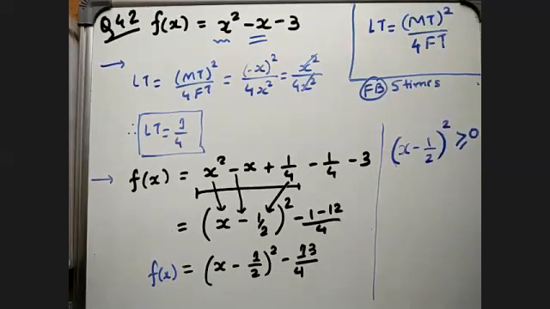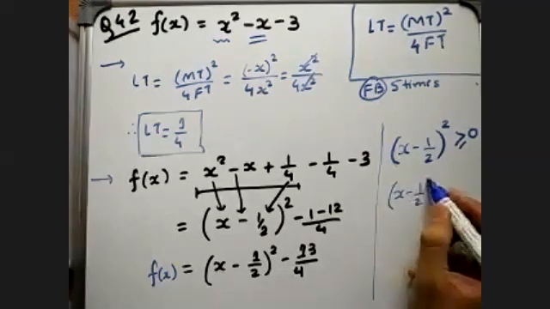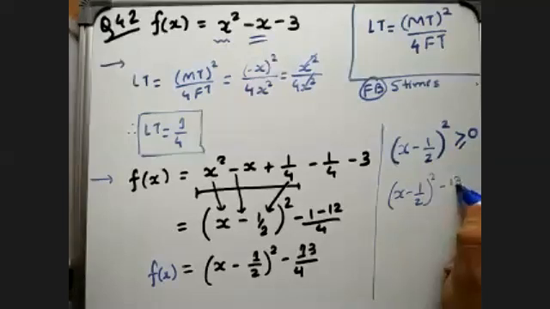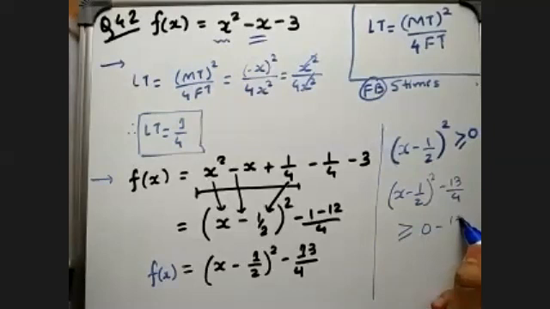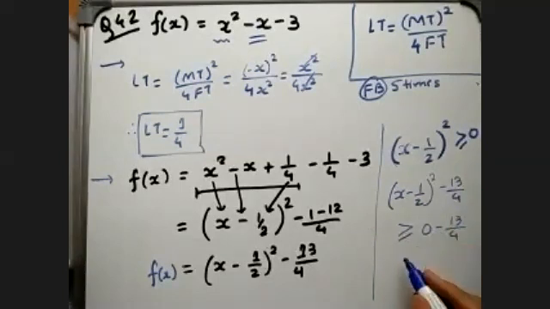Now I have to add minus 13 by 4 on both the sides to find the range of f of x. So x minus half whole square minus 13 by 4 is greater than or equal to 0 minus 13 by 4. Now x minus half whole square minus 13 by 4 is nothing but your f of x.